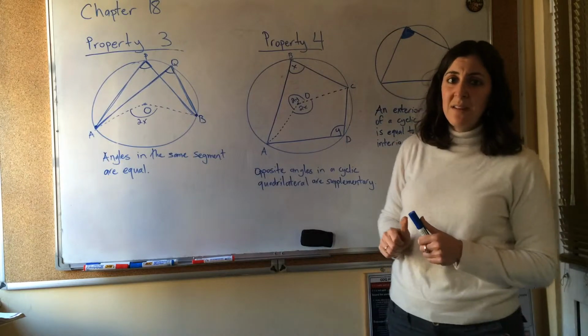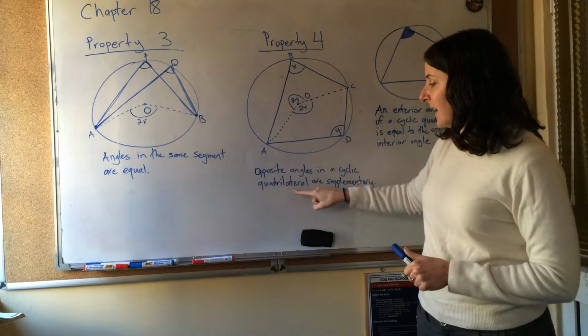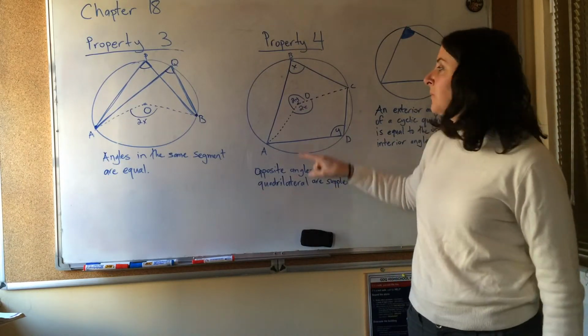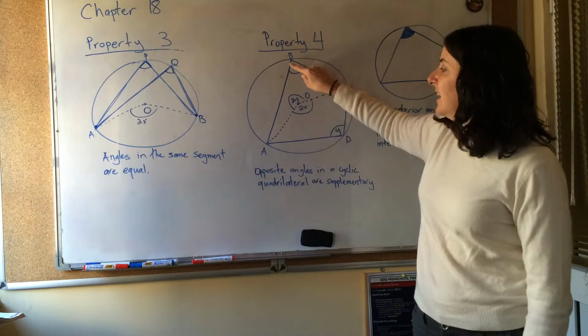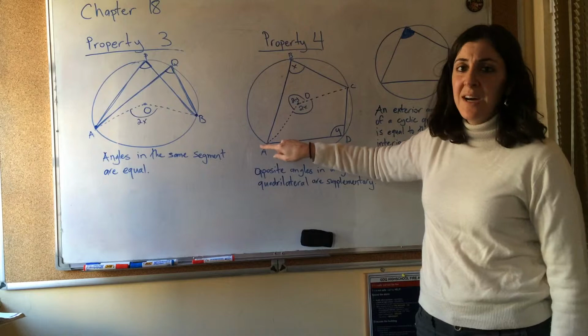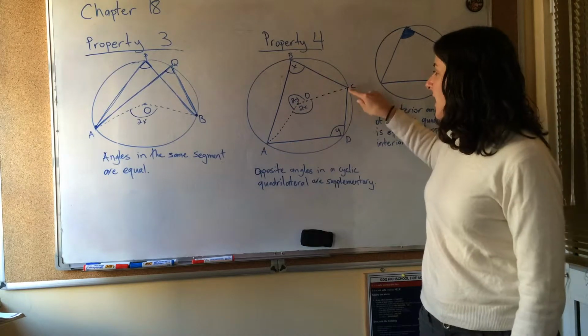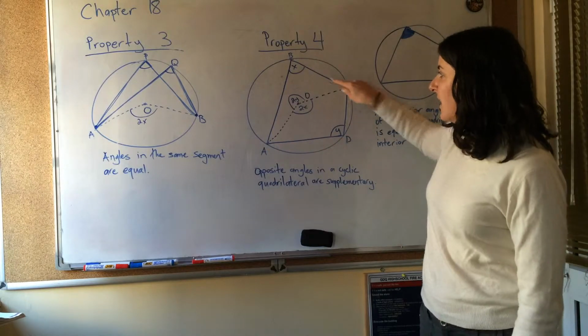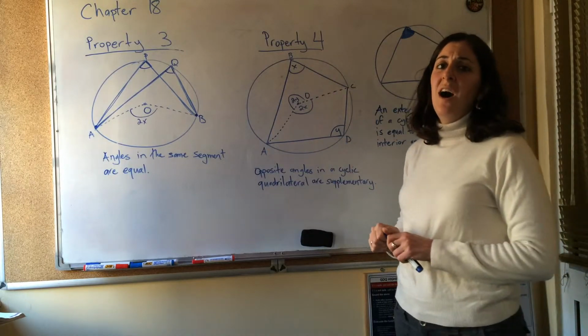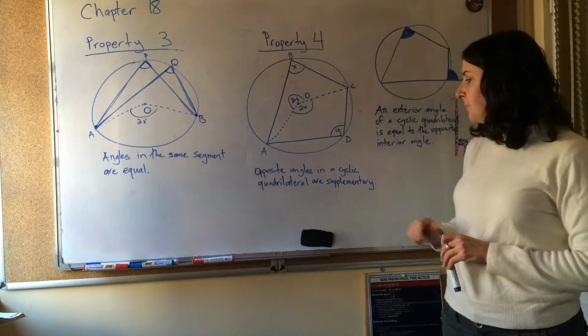A cyclic quadrilateral means we have a 4-sided figure, that's quadrilateral, a closed 4-sided shape, and what makes it cyclic is that each of the vertices touch a point on the circumference. So this is a cyclic quadrilateral because it touches at all points on the circumference of the circle.